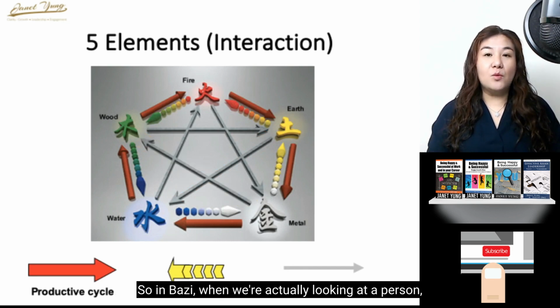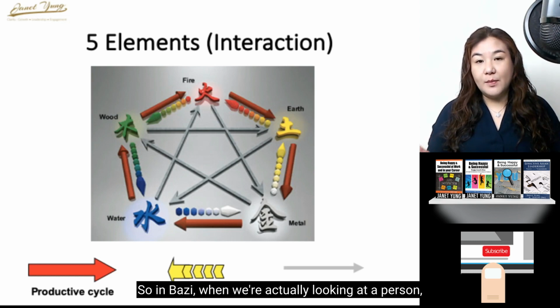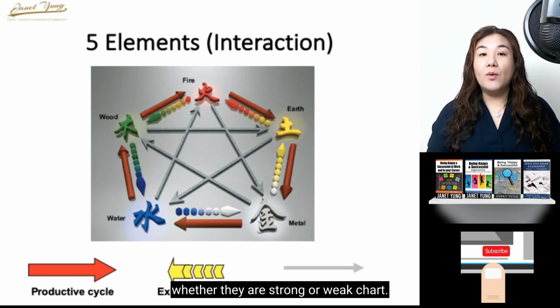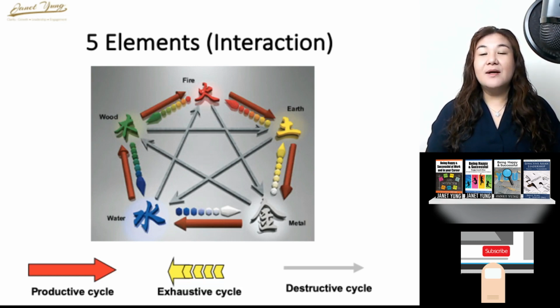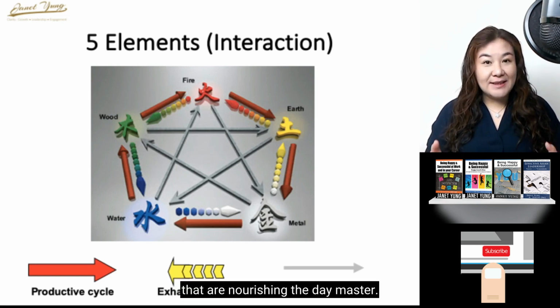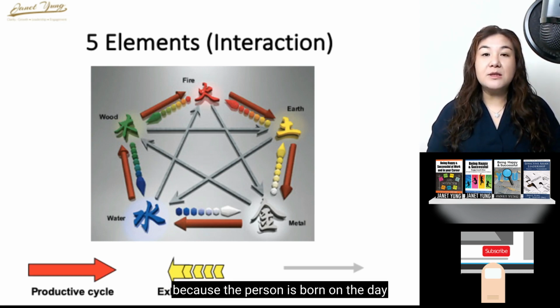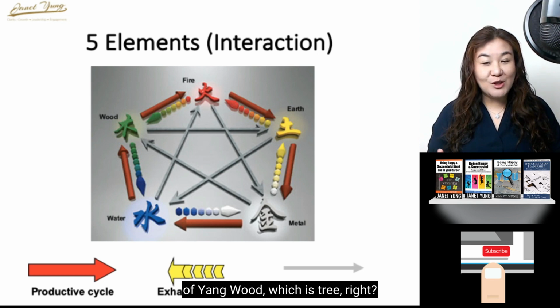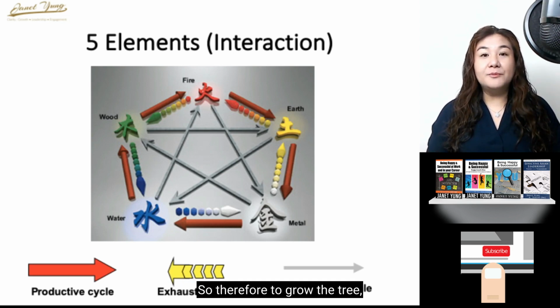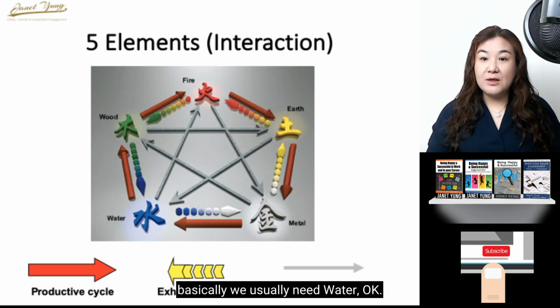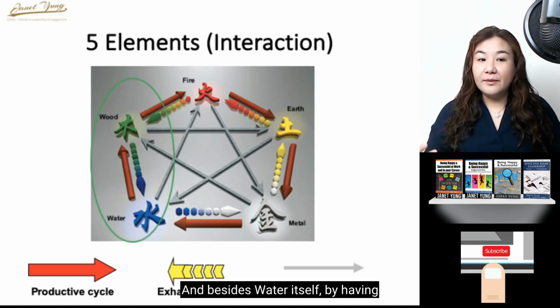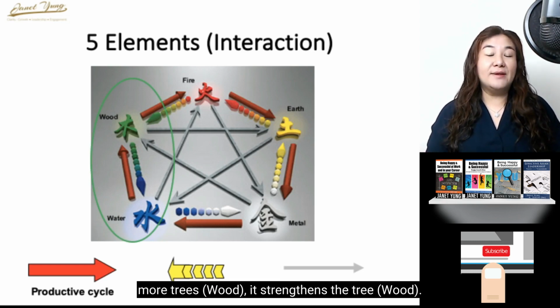So in Bazi, when we're looking at whether a person has a strong or weak chart, we usually look at what elements are nourishing the day master. In the previous example, the person is born on the day of young wood, which is a tree. So to grow the tree, we usually need water, and besides water itself, having more trees strengthens the tree.